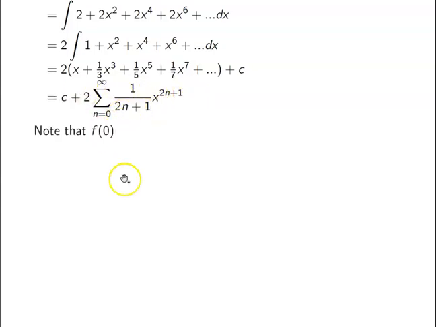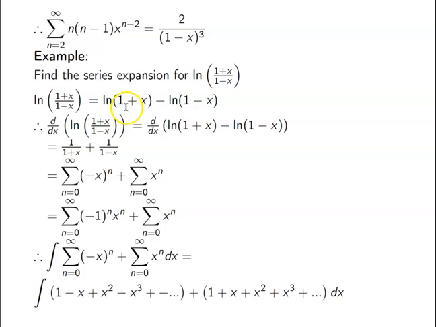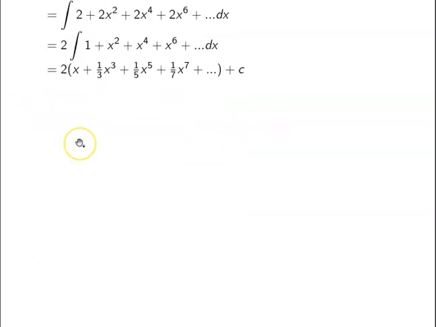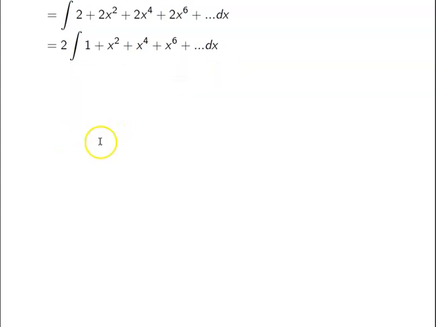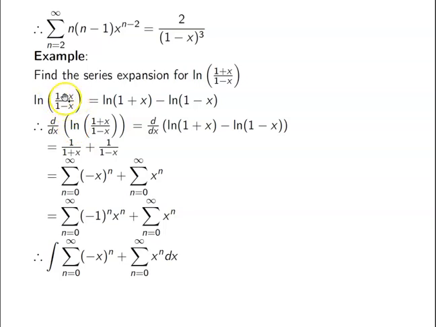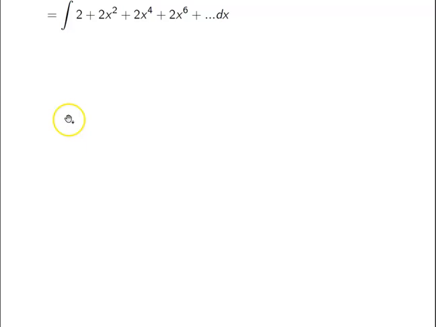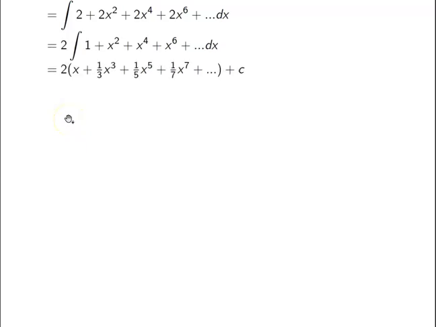So this general term is equal to my function, natural log of 1 plus x divided by 1 minus x. Okay. So note that if I plug in 0 to my function, I get 1 over 1. So natural log of 1. Natural log of 1 is 0.